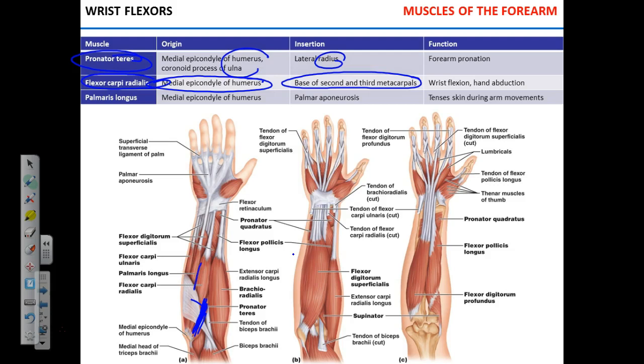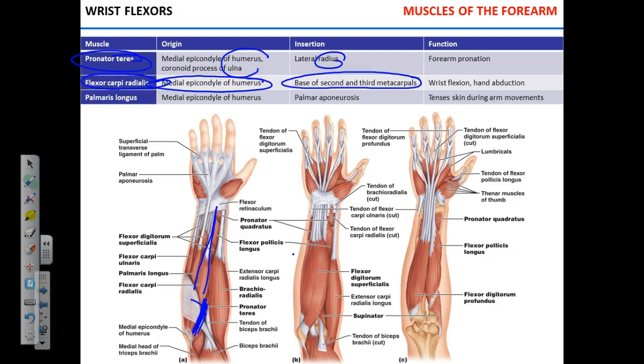Here it is, flexor carpi radialis. If you think about what's going to happen to your wrist when you pull on the flexor carpi radialis, it's going to flex, right? It's going to flex because it's going to pull on the bases of two metacarpals.